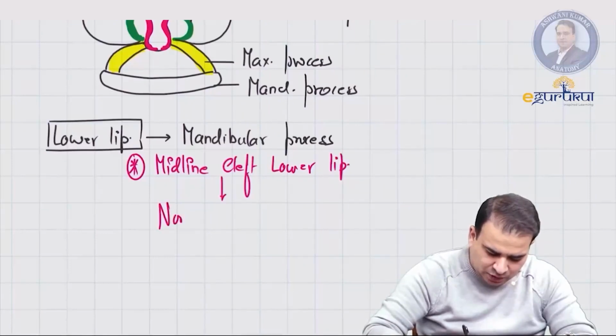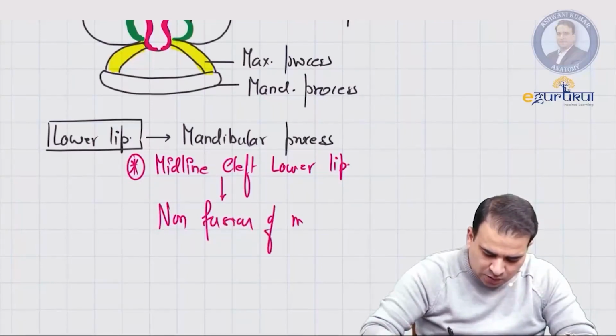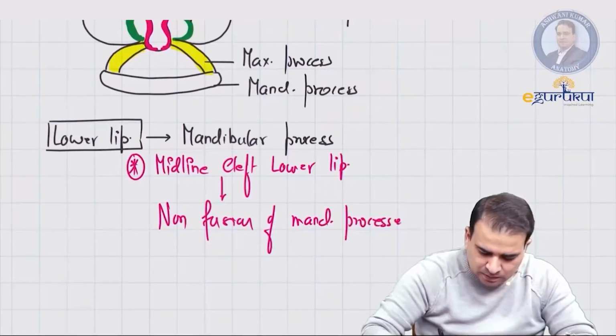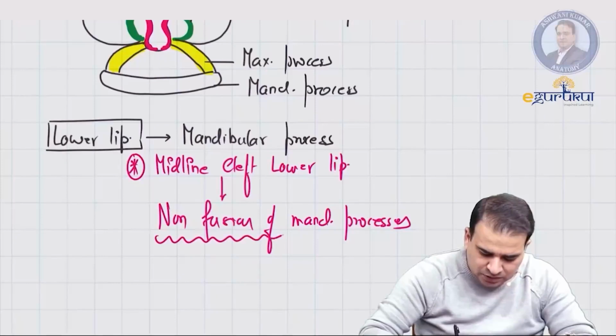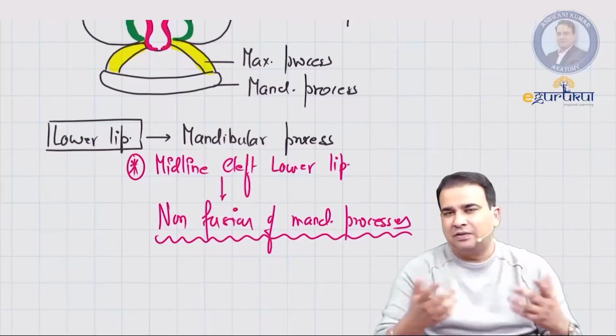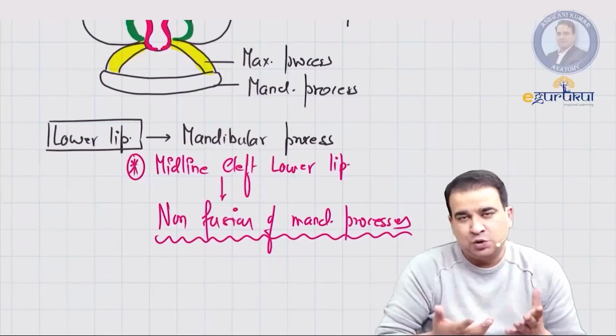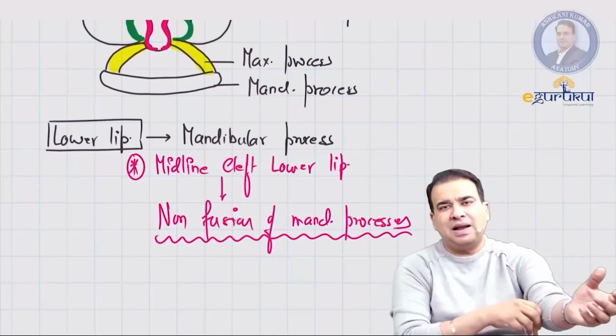We said that is because of what? Non-fusion of mandibular processes. If both the mandibular processes from the right and the left side fail to fuse in the midline, that can give rise to the cleft lower lip, which we said is always in the midline. It's a midline cleft lower lip.